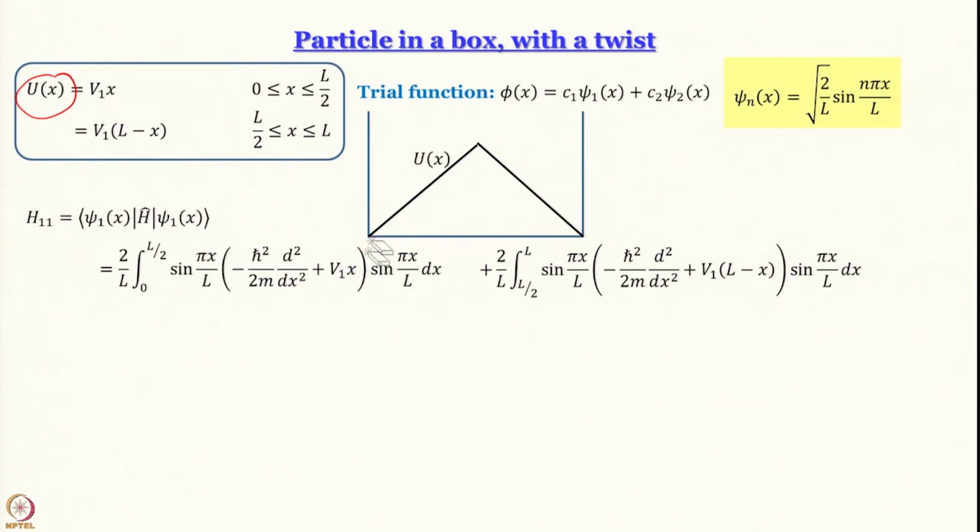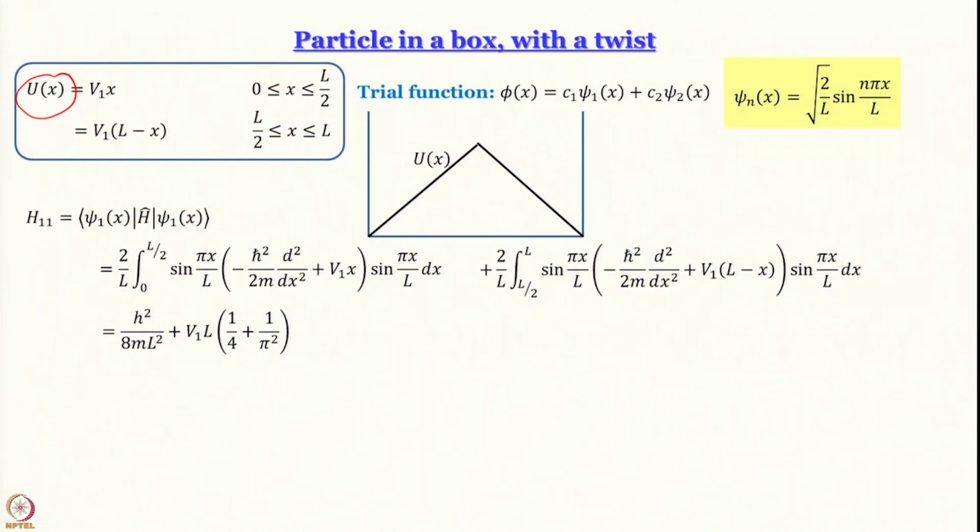When you do that, and when you perform a similar treatment on the second term that is there, then the final result that I will show you is h square by 8 m L square. Remember what h square by 8 m L square is? It is essentially the energy of the particle in a box when the potential energy inside is 0 and the potential energy outside is infinity.